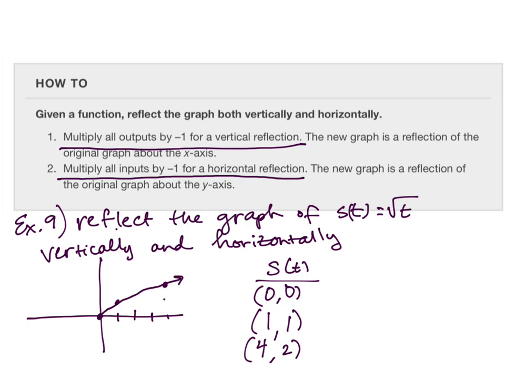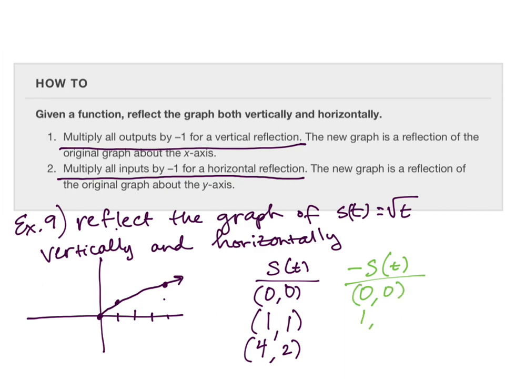So let's go vertical first. To get a vertical reflection, this is going to be negative s of t. And what it says up here is I multiply all of the outputs by -1. So all of the outputs from s of t are going to now be negative. Well, what's -0? 0.